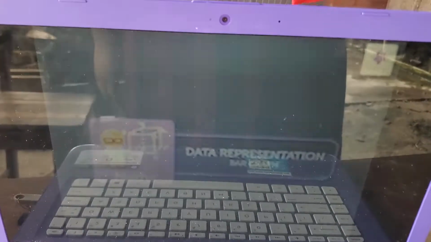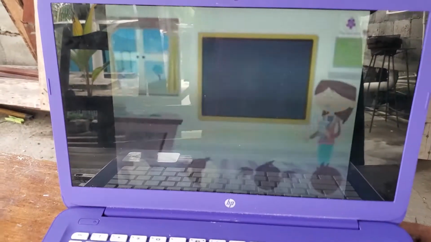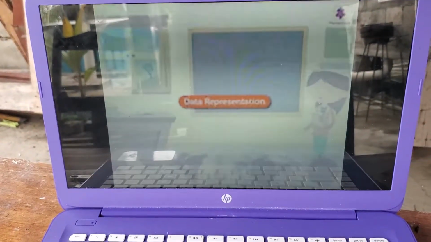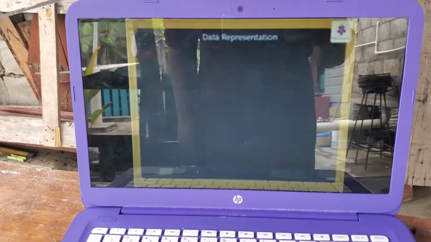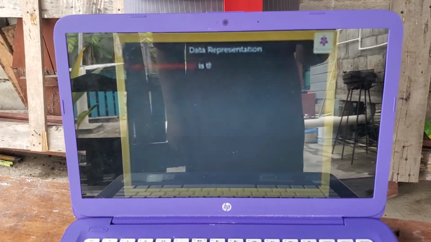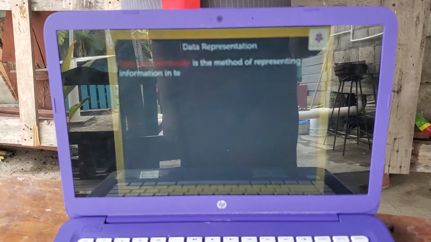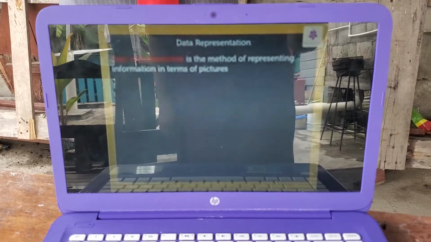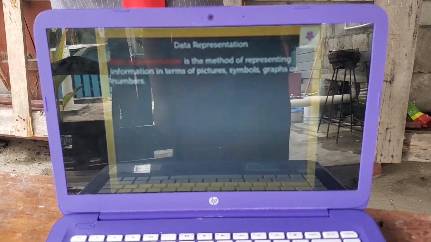Bar graph. Today, let's learn about data representation. Data representation is the method of representing information in terms of pictures, symbols, graphs, or numbers.